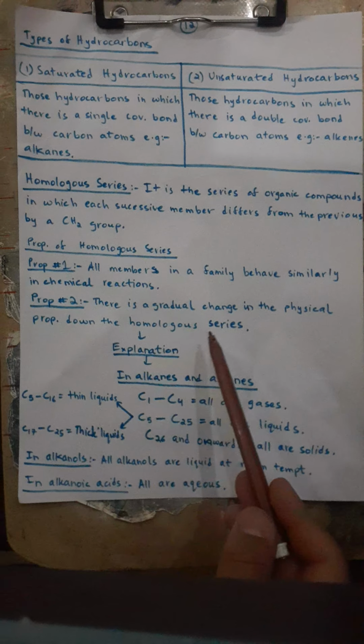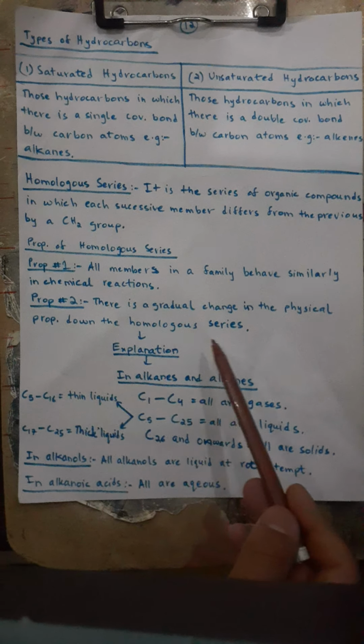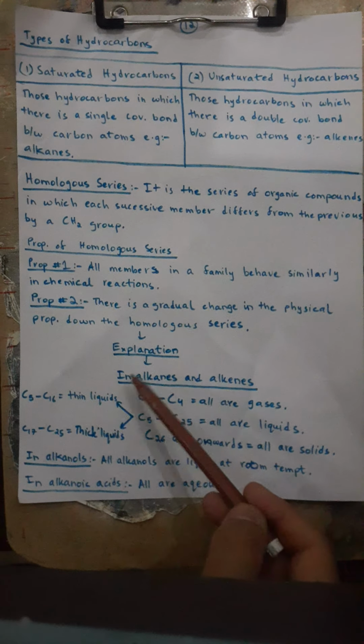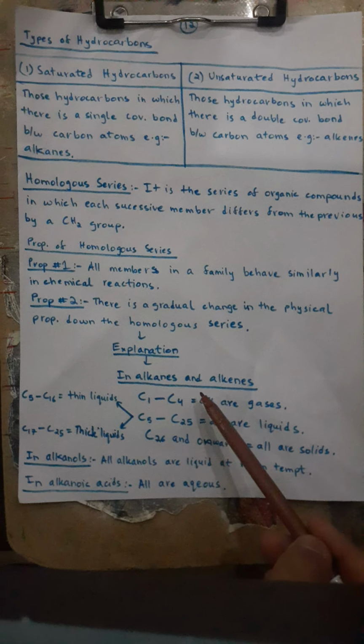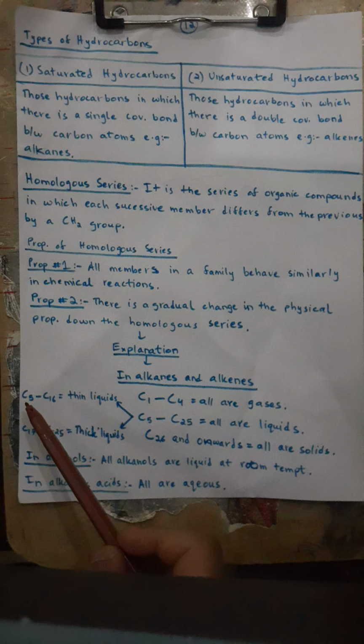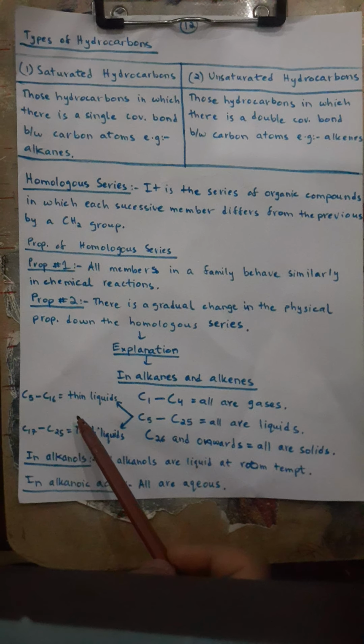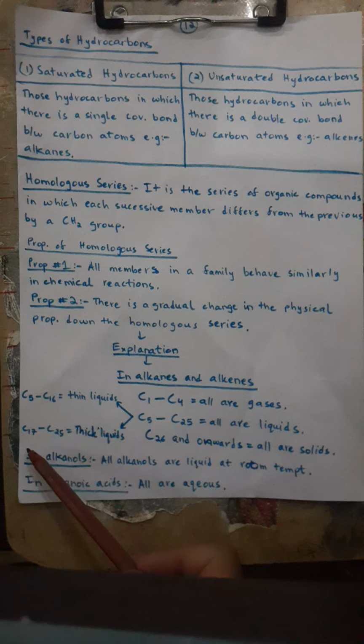Property number two, there is a gradual change in the physical properties down the homologous series. For explanation, if we take only alkanes and alkenes, from carbon number 1 to carbon number 4, 1 carbon atom to 4 carbon atoms, they all are gases. And then from 5 carbon atoms to 25 carbon atoms, they all are liquids, in which from C5 to C16 they are thin liquids, and from C17 to C25 they are thick liquids.